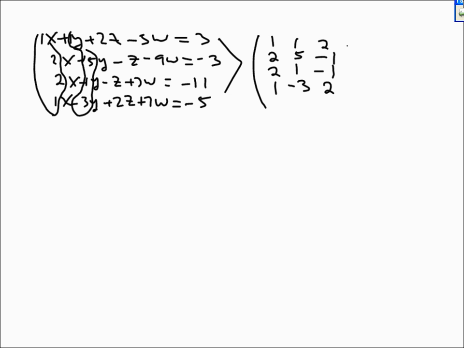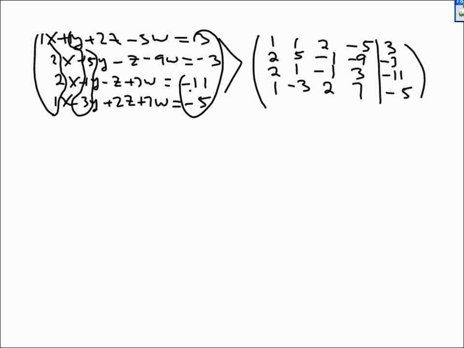And the numbers in front of w are negative 5, negative 9, 3, and 7. And the right-hand side numbers are 3, negative 3, negative 11, negative 5. The right-hand numbers are the numbers that come after the equal sign. That's the matrix we want to use Gauss-Jordan reduction on. We want to get this matrix to be in RREF form.